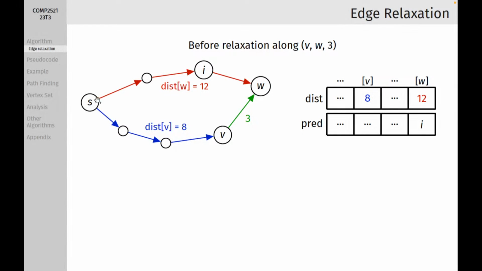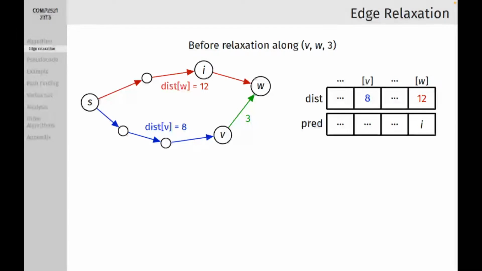We know that the shortest distance to W so far is 12. And we know that we have an edge from V to W of weight 3.